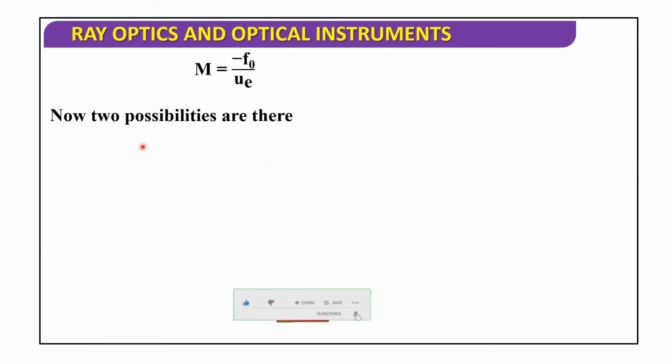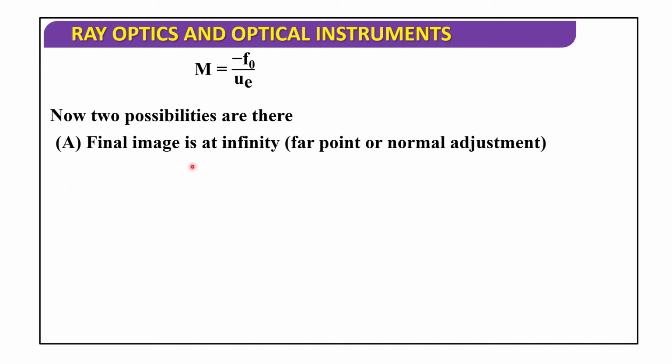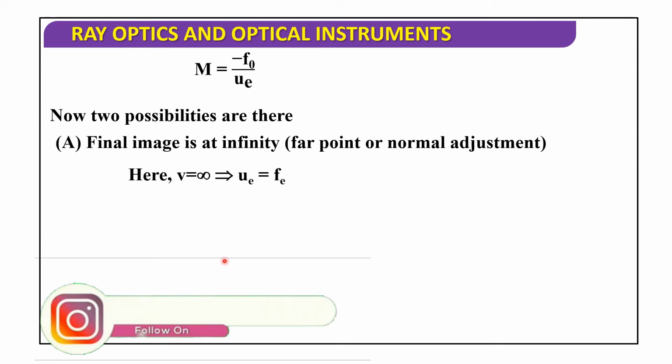Now, two possibilities are there. First, the final image is at infinity, that is the far point or normal adjustment, and here v is equal to infinity, that is ue is equal to fe. Here v is the image distance.